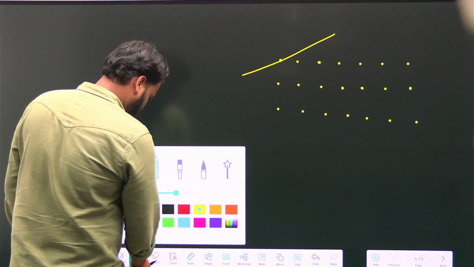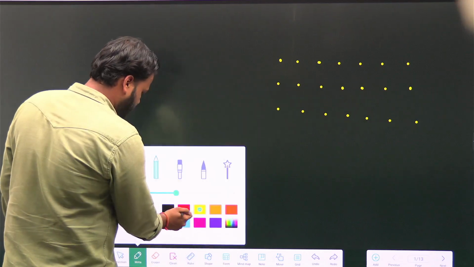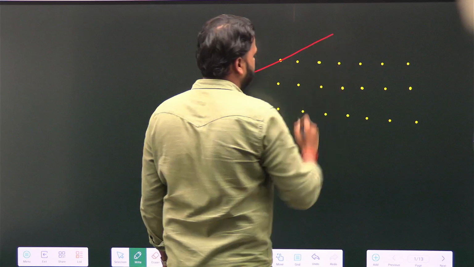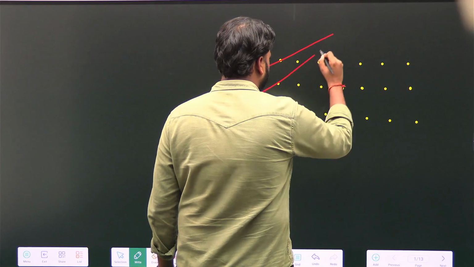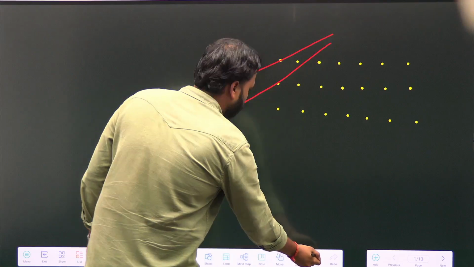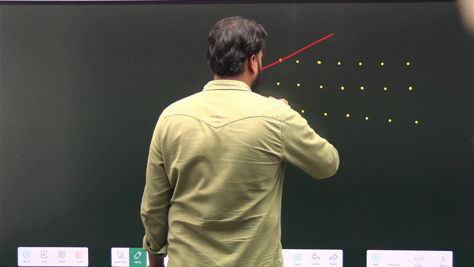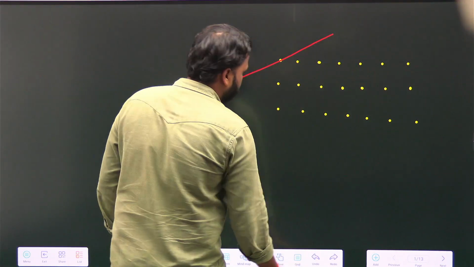I'm changing the color here. This could be your one plane. This could be your second plane, basically passing through these two lattice points.